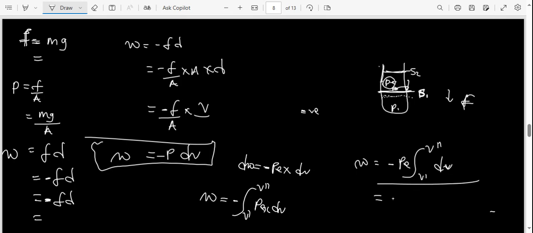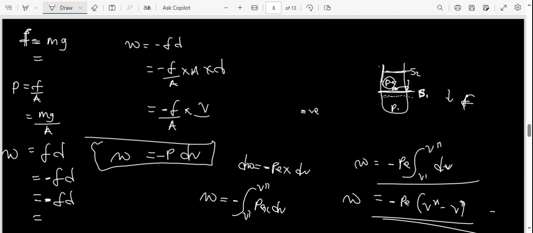To conclude, work is equal to negative external pressure times the change in volume, so volume 1 minus volume 2. So that is what we'll be doing.